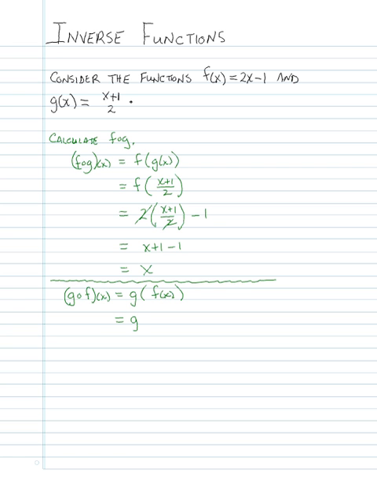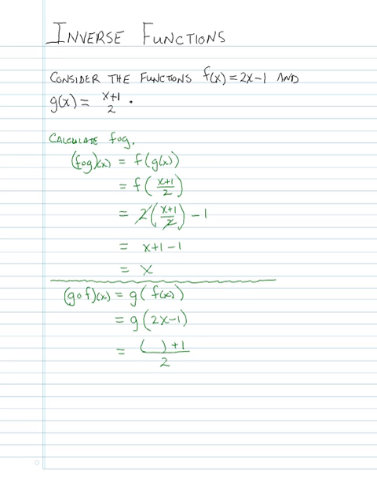Well, as we've done before, we'll start on the inside and we'll replace the f of x that's on the inside of this composition with what f of x is equal to, which is 2x minus 1. Now, that becomes the input into g. Well, what does g do to things? It puts the input into a fraction and adds 1 on top and then divides by 2.